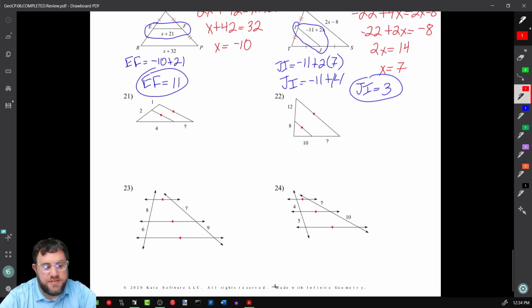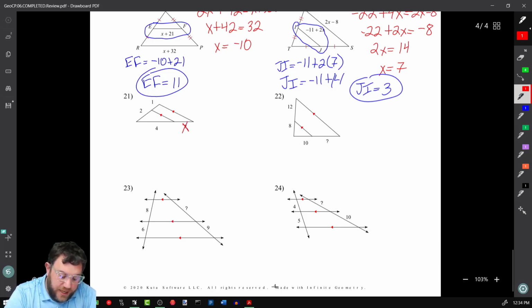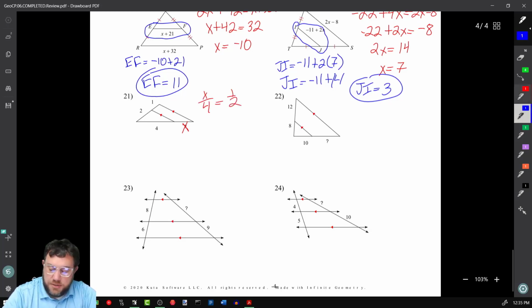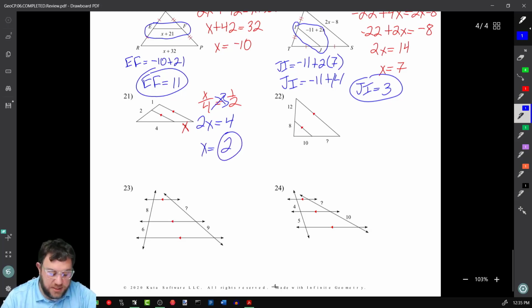All right, last 4, we're just trying to find the missing side. These use our side splitter theorem. So here we've got x over 4 equals 1 over 2, and we're just cross multiplying. So 2x equals 4, divide both sides by 2, x equals 2. So our missing piece is 2. Number 22, same thing, x over 10 equals 12 over 8.